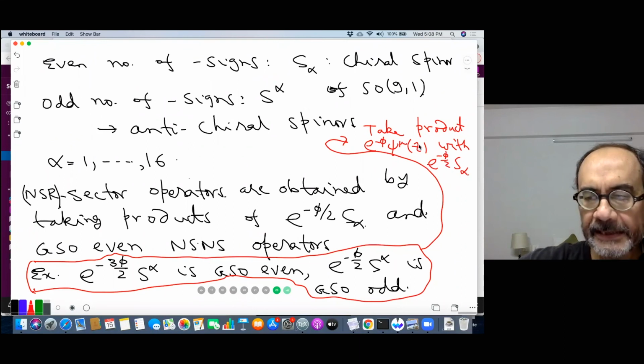This is a GSO even operator by definition. We have declared this as GSO even because this is GSO odd, and this is GSO odd. And this, of course, is already GSO even because you are taking products with this.